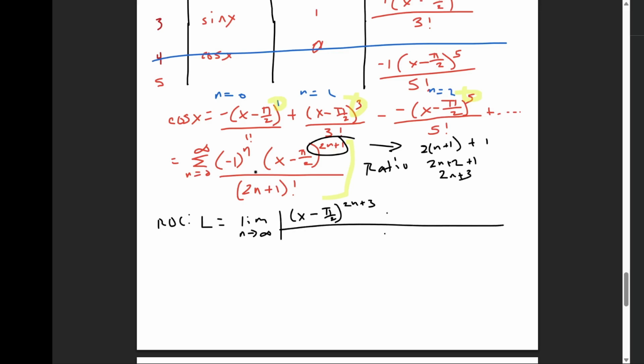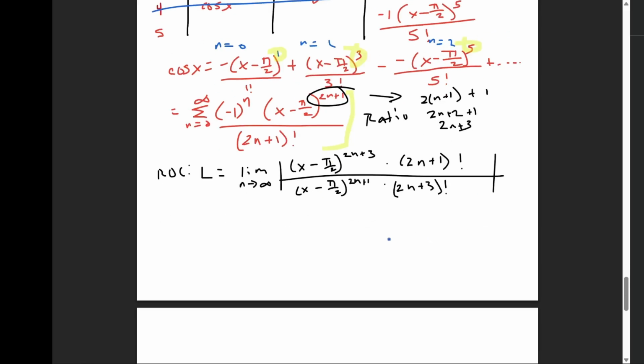Okay, next we have the bottom, which is going to be, again, like this right here, so 2n plus 3 factorial. And then we plug in the normal. If you expand it, this top one could also be rewritten as x minus pi over 2 to the 2n times x minus pi over 2 to the third, right?